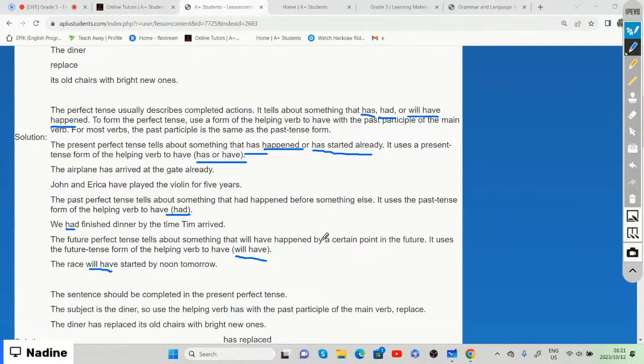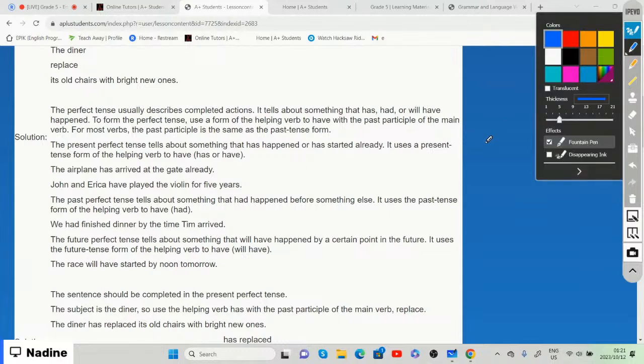And remember, if you see the words will and have within that sentence, the race will have started by noon tomorrow, it gives us an indication that it's in the future.